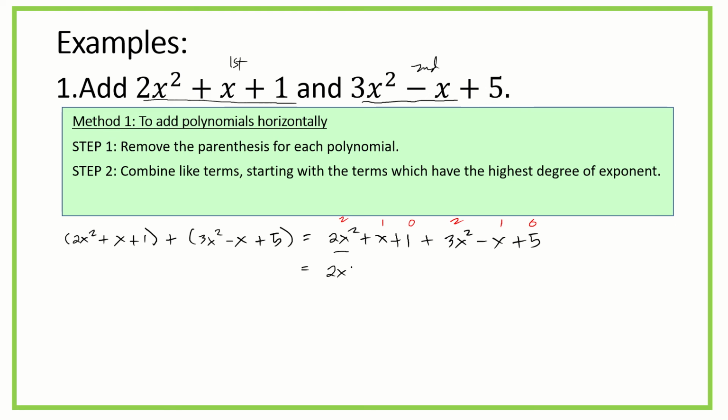So 2x squared, if you notice, 2x squared and 3x squared are like terms because they have the same literal coefficient, which is x squared. So we just have to combine their coefficients. So that's 2 plus 3.